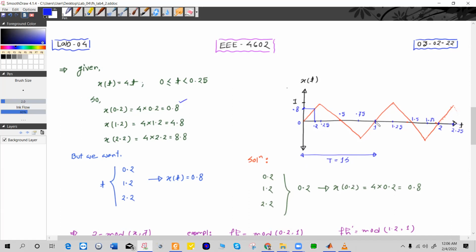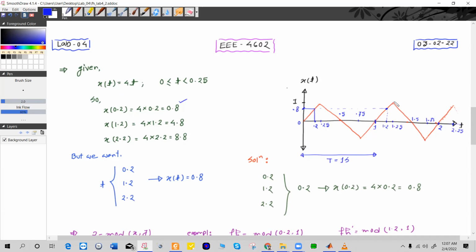However, after one period we should have the same cycle again. That is, at 1.2 we should also have 0.8, but we have 4.8 here because we are using the equation 4t: 4 into 1.2 is 4.8.